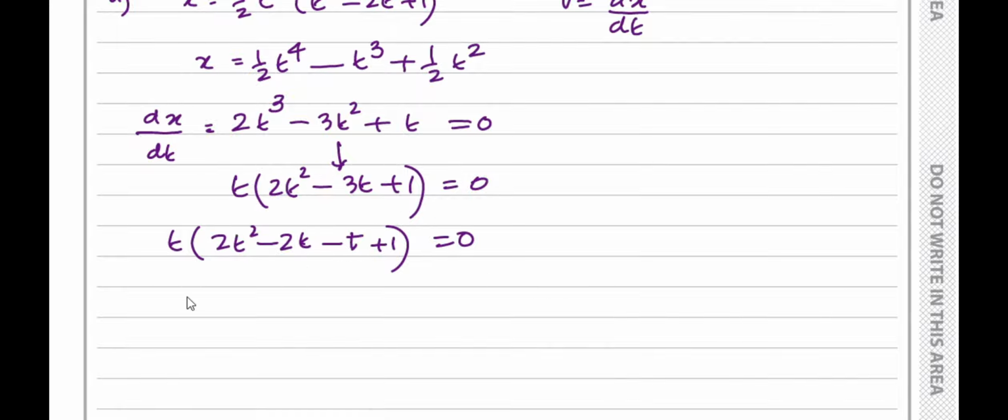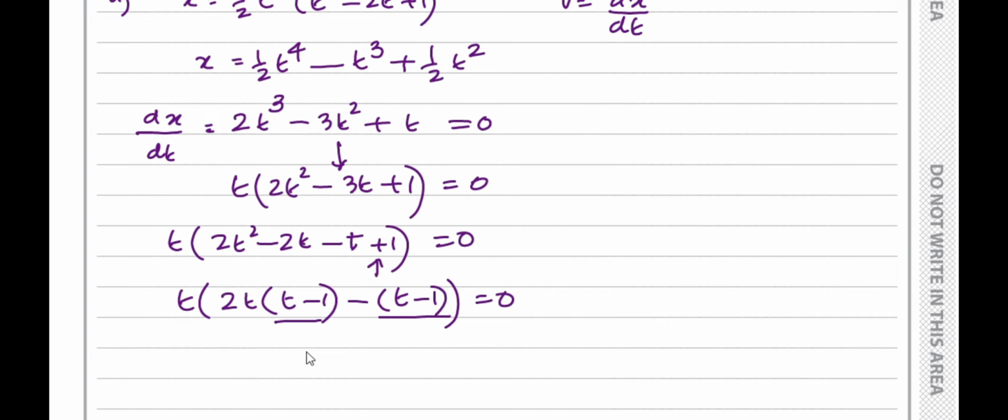So now factorize this part, t bracket 2t, which is common here, times t minus 1 minus t minus 1 in another bracket, close the bracket again, is equal to 0. Why did I write t minus 1 here? Because there is a minus here. Minus times minus will make it plus, which is what we want here, right? And moreover, this and this should be equal. So this is equal to t bracket 2t. Inside I'm going to factorize now. 2t minus 1 bracket t minus 1 is equal to 0.